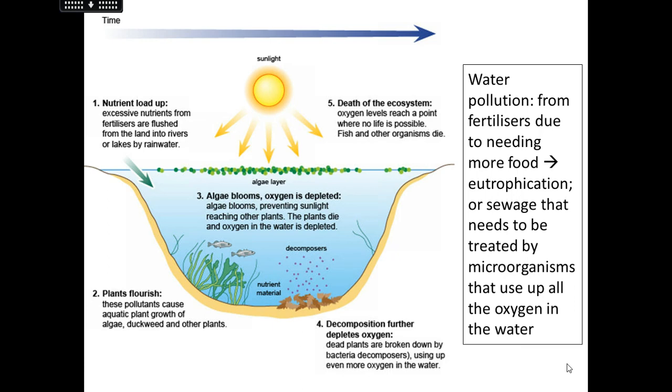So things start to decompose underneath this layer of algae. And annoyingly, decomposition also uses oxygen. So any oxygen that is left will be used up by those decomposing microorganisms, and they will cause no end of issues for anything that's still alive.